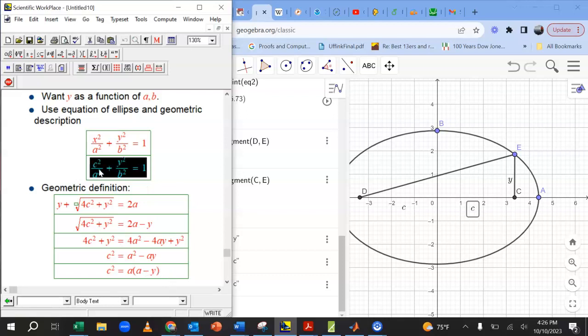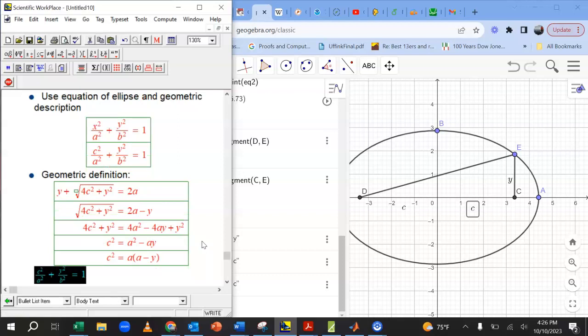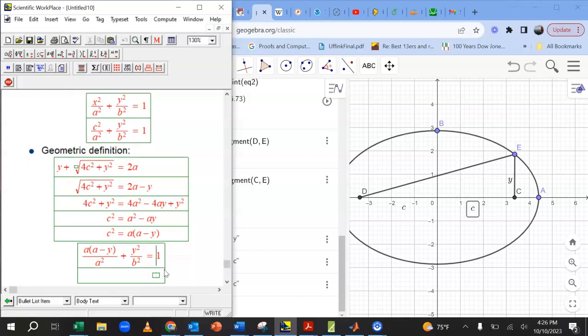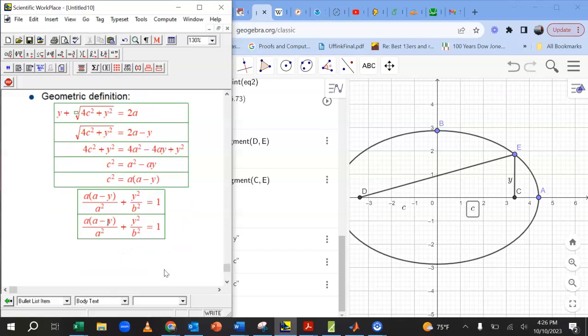And so I'll copy that down, but I'll replace c squared, and I'm just going to call that a times a minus y. And then we're really pretty much home free. Okay, let's just go ahead and distribute that. I guess I could have left it as a squared minus ay, but whatever.